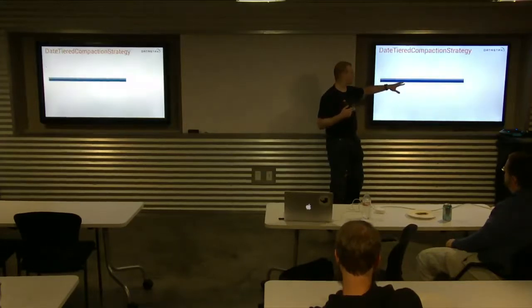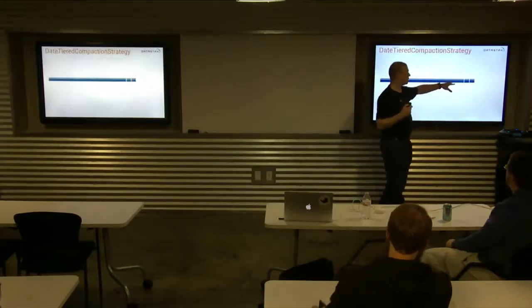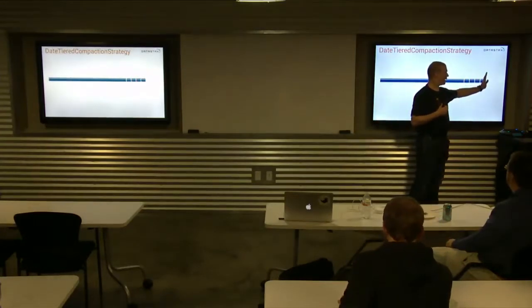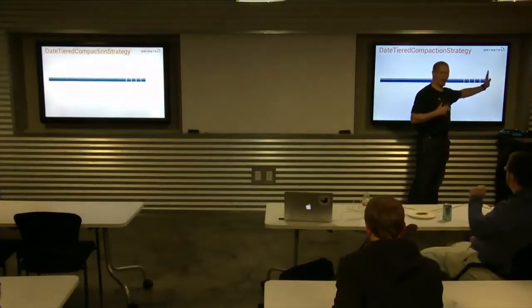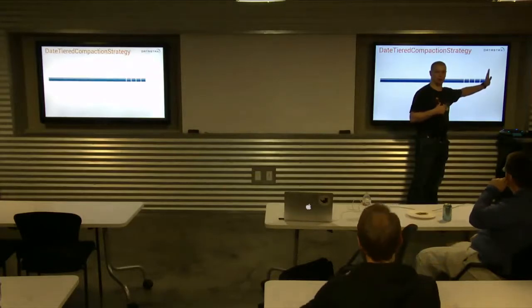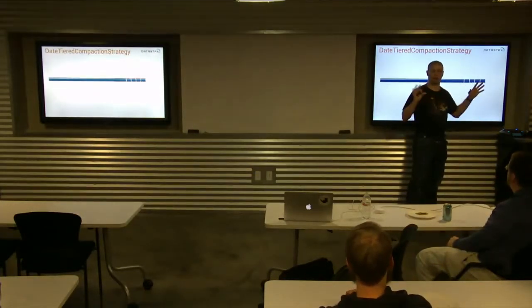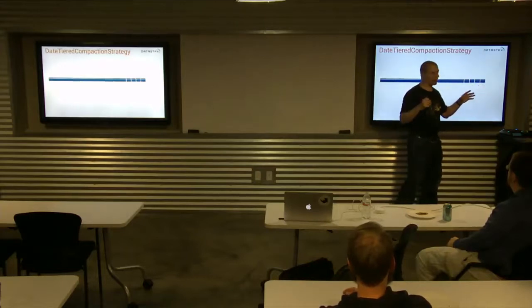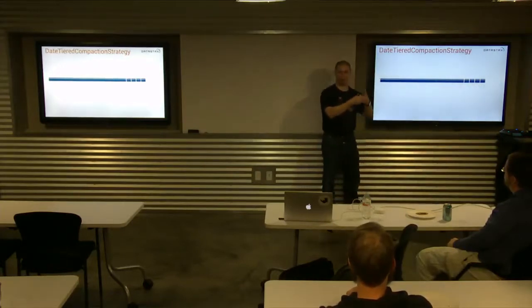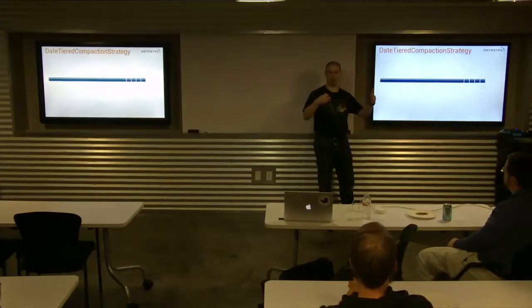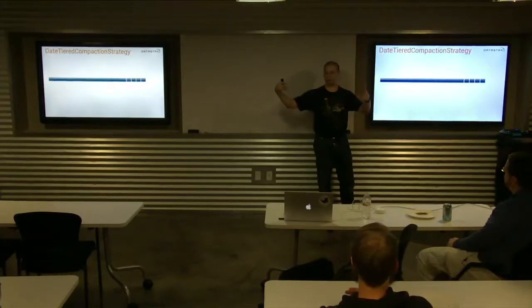So we'll keep compacting these together, but there's a point at which if events are older than my maximum threshold, which is a day by default, I'm not going to compact them anymore. So I'll start with my base window, I'll multiply it by my minimum threshold for the next window, I'll multiply it again for the next window, and I'll keep multiplying that out until I get to a day's worth of data.